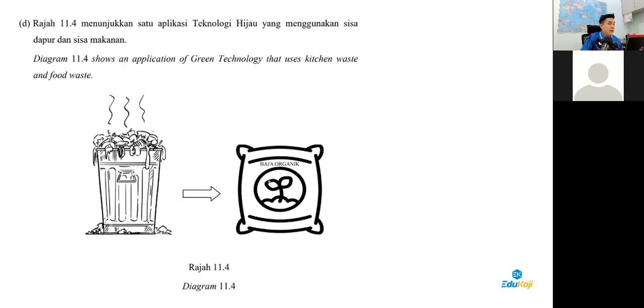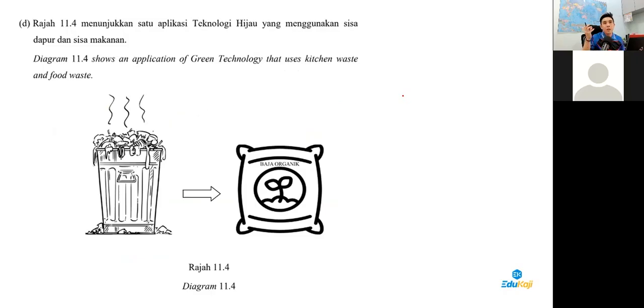Last one. So diagram 11.4 shows application of green technology that uses kitchen waste and food waste. How this green tech can be done at home. So obviously waste becoming fertilizer, you have to talk about eco enzymes.